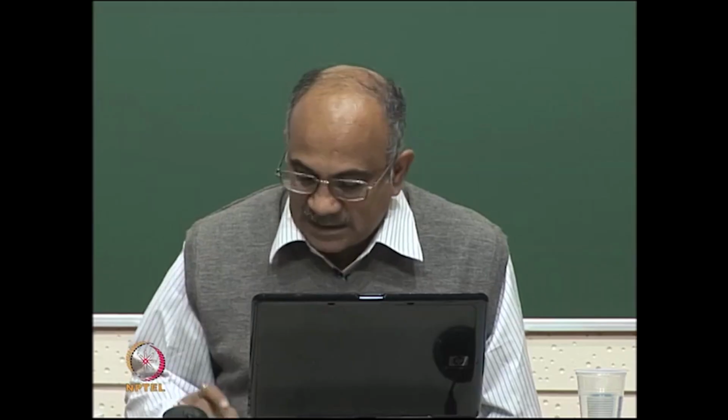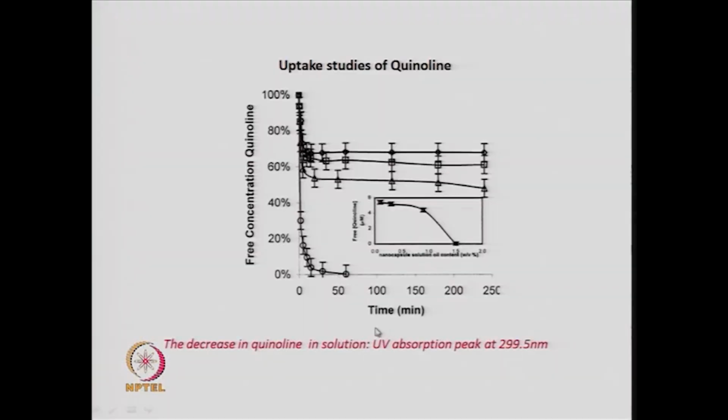Quinoline has a particular absorption, and if you look at the UV absorption of quinoline at 299.5 nanometers, then with time you will see it drop. That says that the quinoline is less outside after some time and more inside.